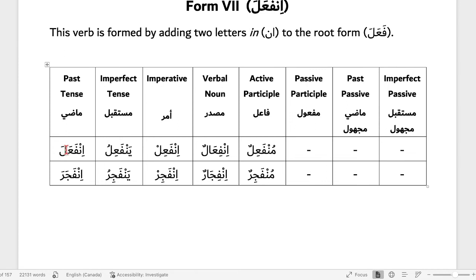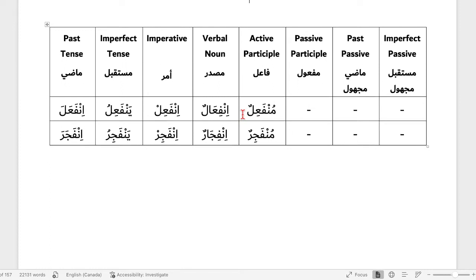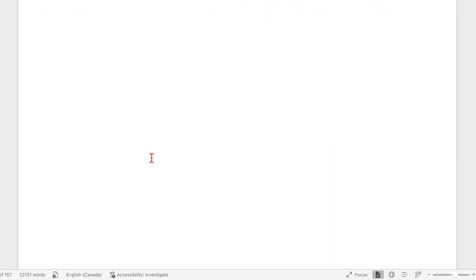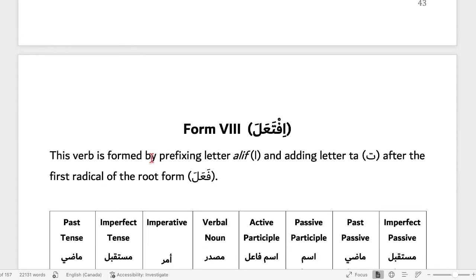Infa'ala, yanfa'ilu, infa'il, infi'alun, munfa'ilun. Other forms are not made. And in infajara there is an example. Infajara, yanfajiru, infajir, infijarun, munfajirun. This is form 7.